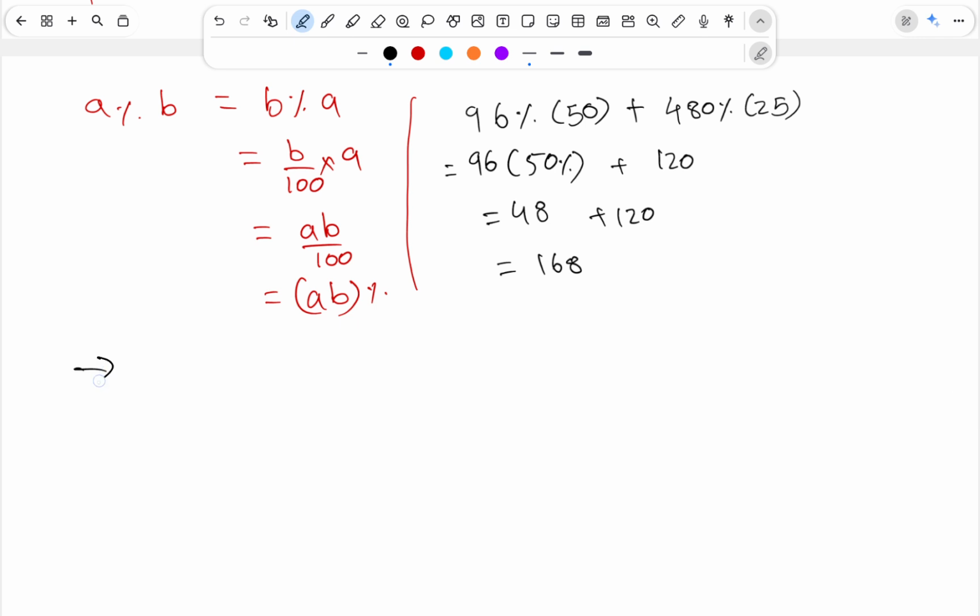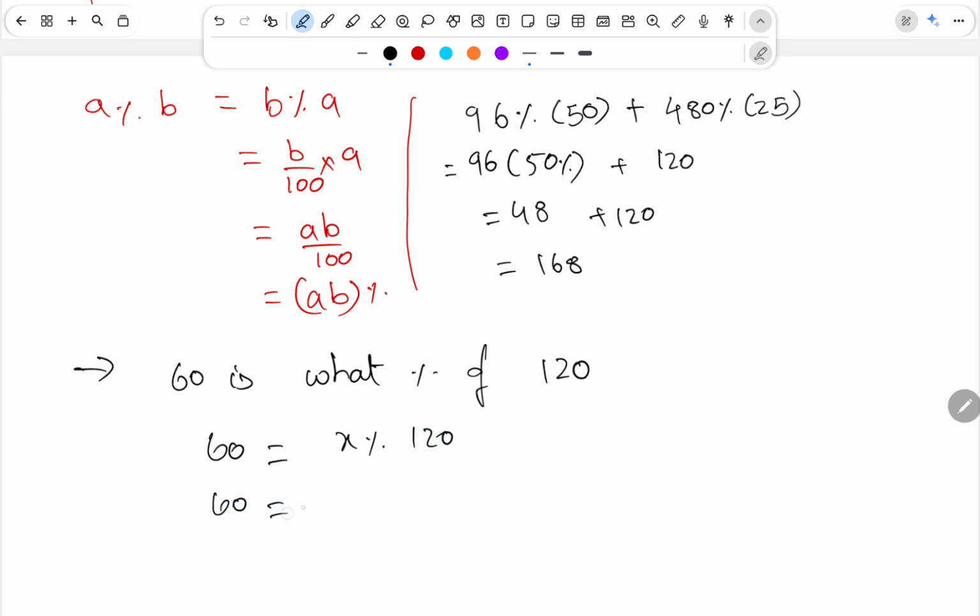Next important thing is, suppose 60 is what percent of 120? 60 is what percent of 120? So 60 is equal to x percent of 120.